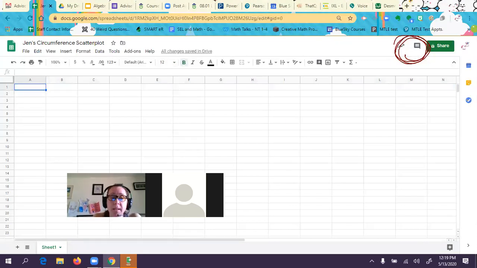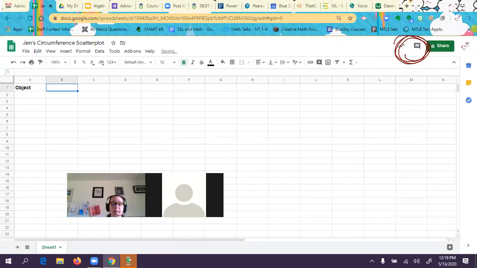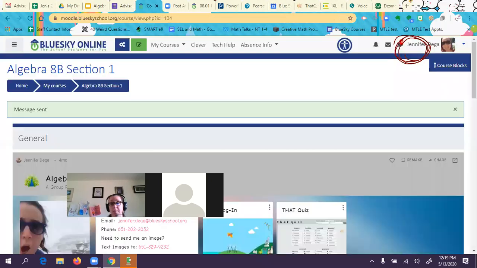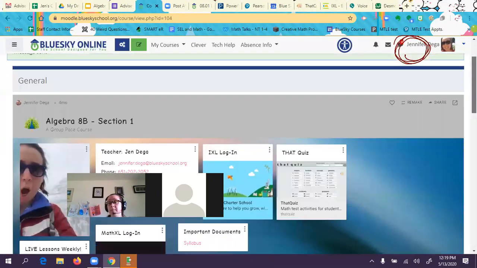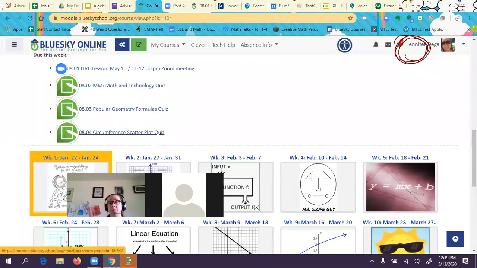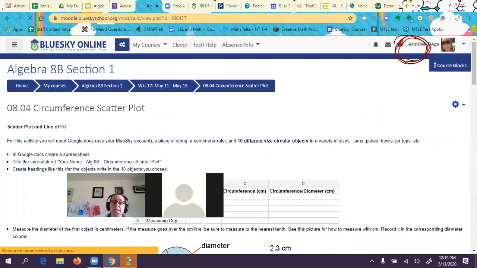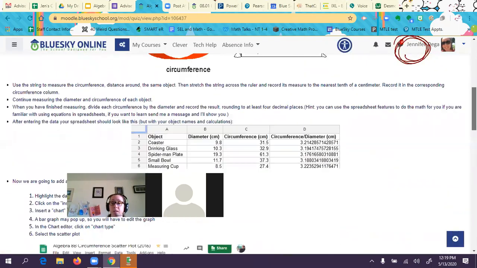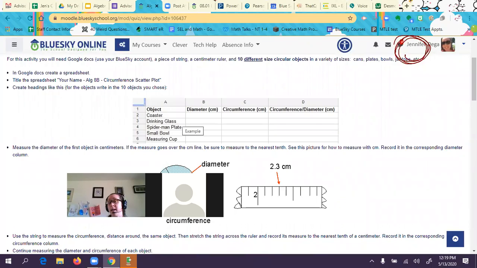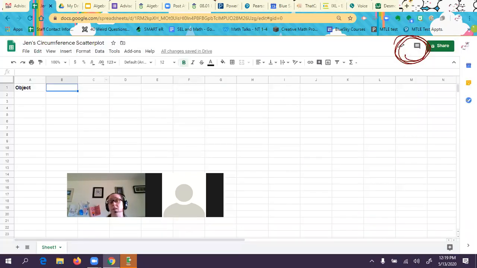So the first one I'll type in is object. Then you are going to measure, and I'm going to look exactly in the assignment for how to word it. It tells you exactly how to set up your chart. It's going to be diameter, circumference, and circumference divided by diameter.